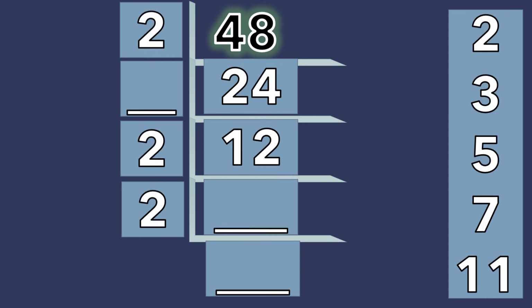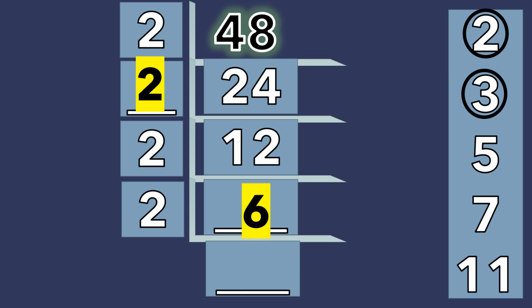Let's have another number, 48. Let's do again the continuous division. So 48 divided by 2 is 24. What do you think is the number being divided by? The answer is 12. Correct, it's 2. So now 12 divided by 2 is, good job, 6.